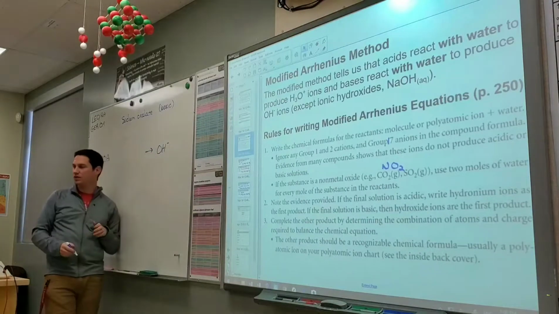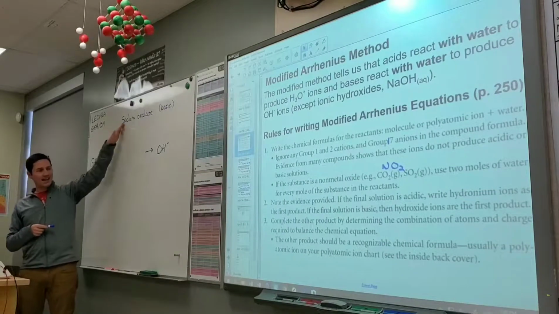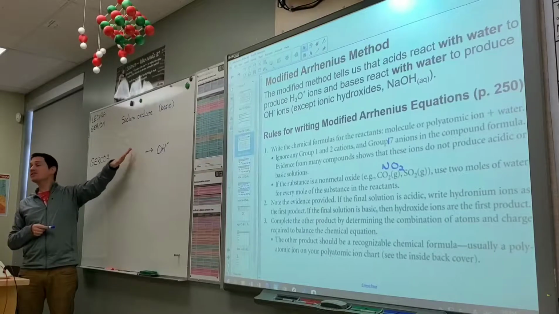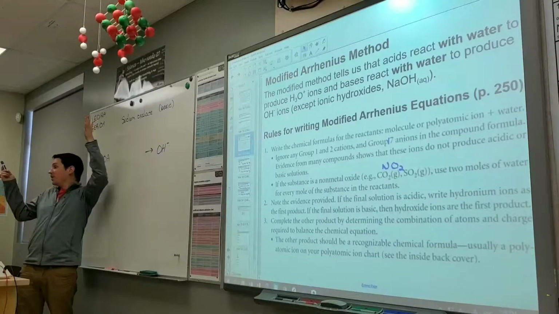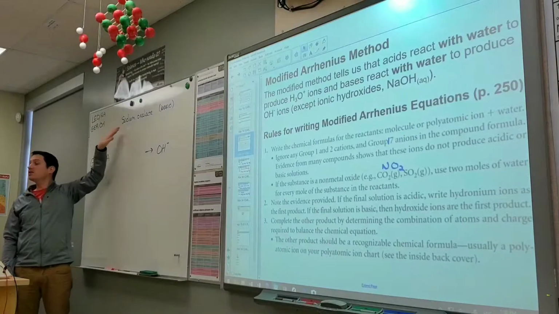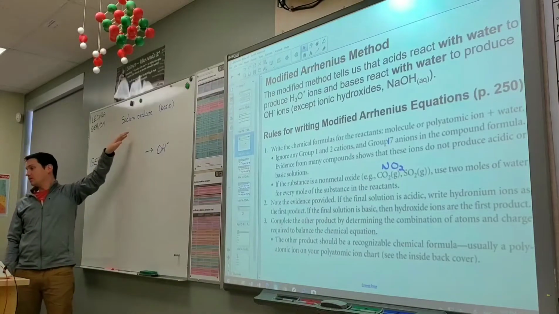But let's actually write out our reaction. What am I going to start with? What are the two things in sodium oxalate? Sodium and oxalate. Is this an ionic compound?